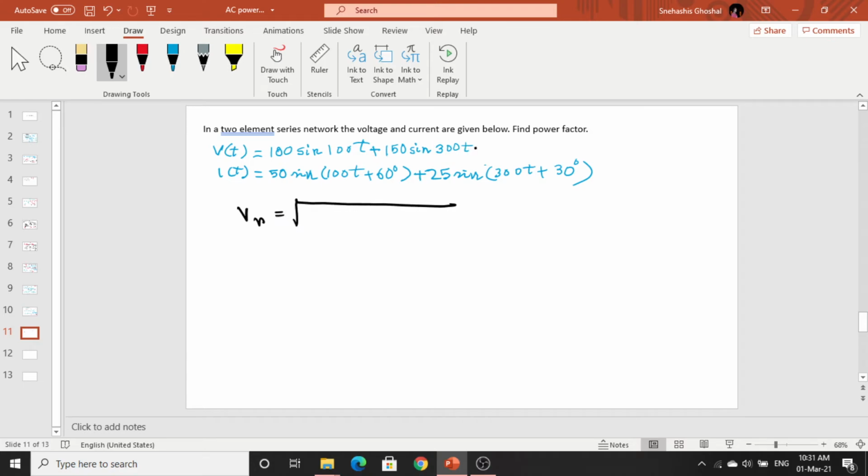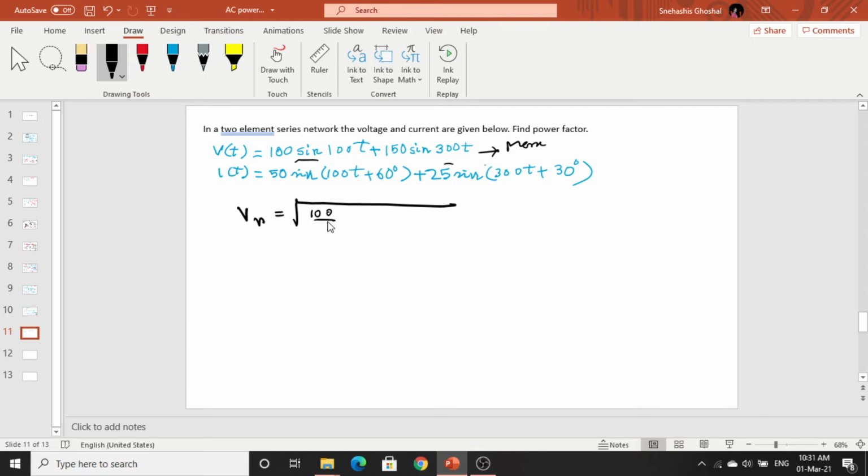Now whenever this kind of representation is given, you see that it is not given in RMS, it is given as 100 and 150. These are the max values, these are not RMS. That's why you have to take the RMS value.